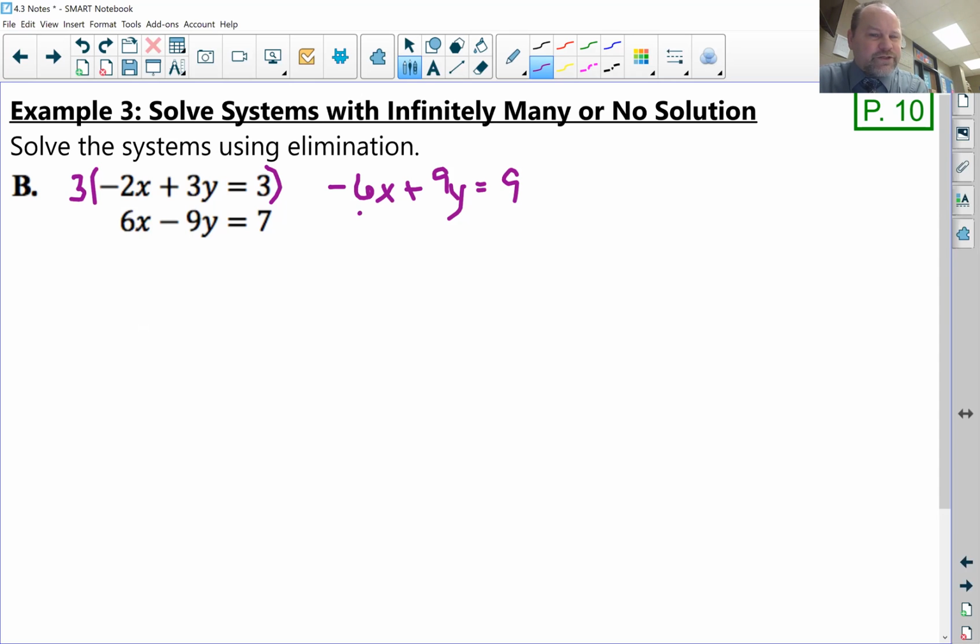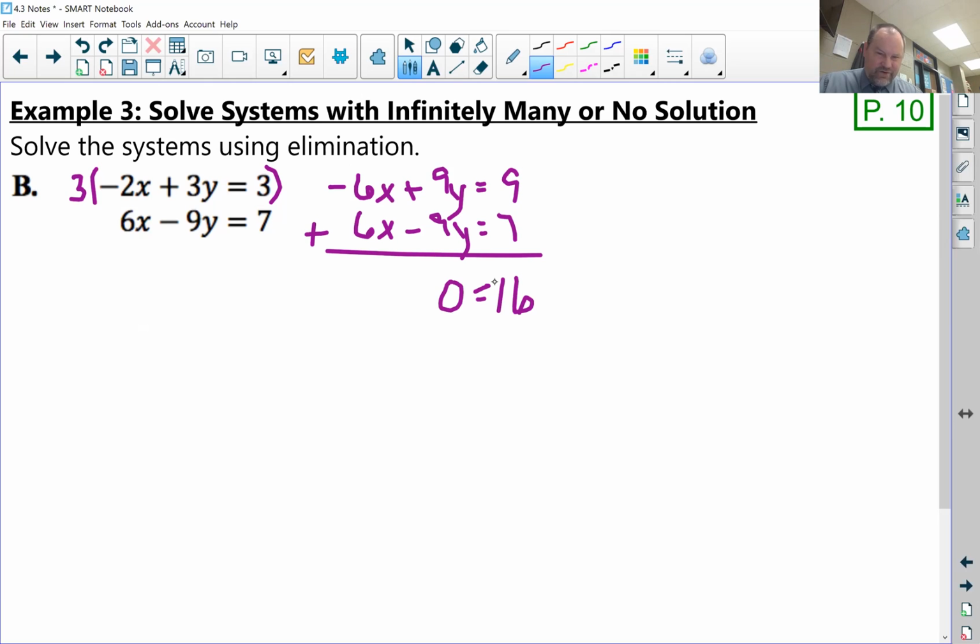The bottom equation, we keep the same. And we add. -6x plus 6x, 0. 9y plus -9y, 0. 9 plus 7 is 16. 0 does not equal 16.